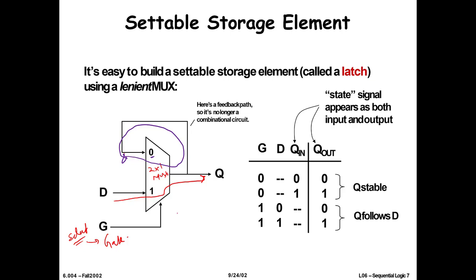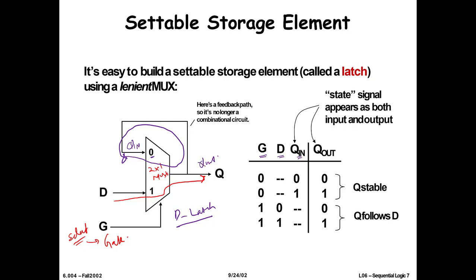Now this is called a D-latch. Let's say the truth table of a D-latch is this. We have G as input, D input, and this point is our QN, and this point is our Q out.